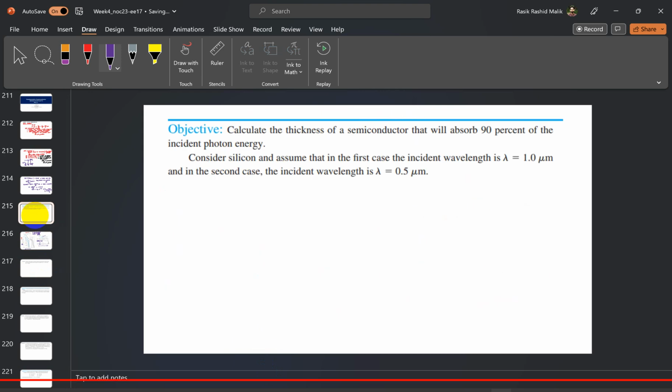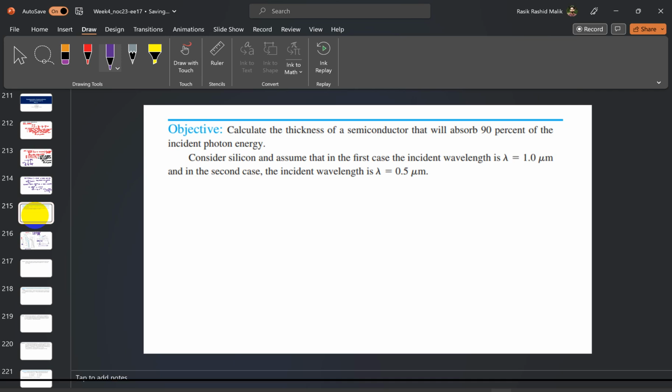The first question is about calculating the thickness of the semiconductor that will absorb 90% of the incident energy. We have a semiconductor with a given wavelength, and in the second case a different wavelength. For different wavelengths we have different absorption coefficients.